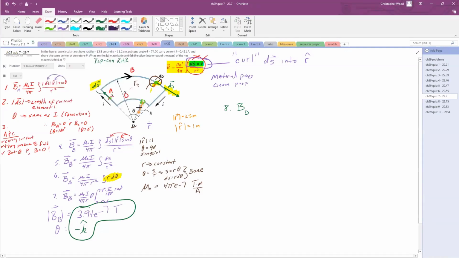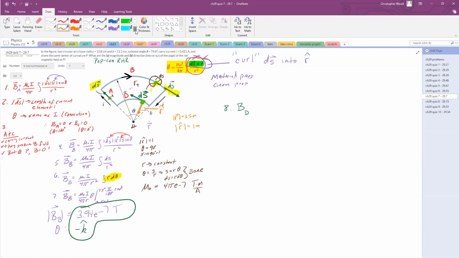DS vector is in the direction of the current, and it's tangent. There it is. All right, like that. So this is vector DS. Okay, and this is vector r hat. So you can see the angle between them is once again 90, but you can also see the cross product is positive k. This is r hat.